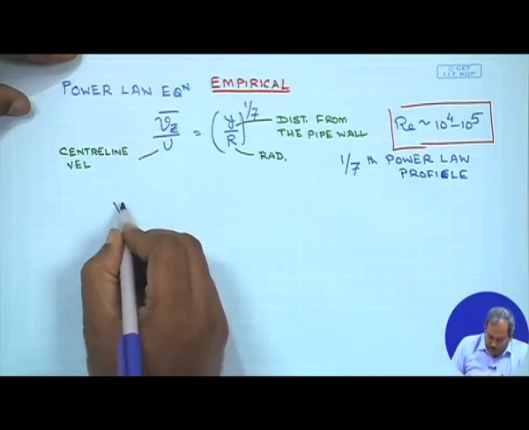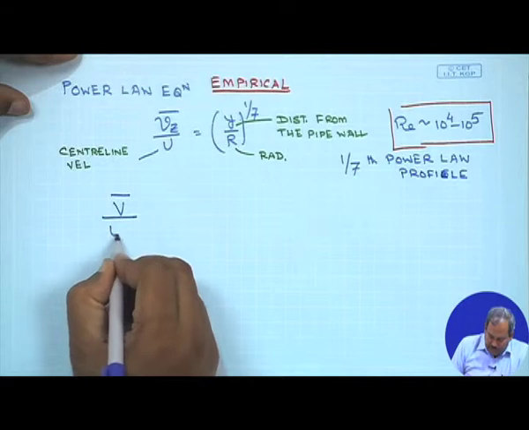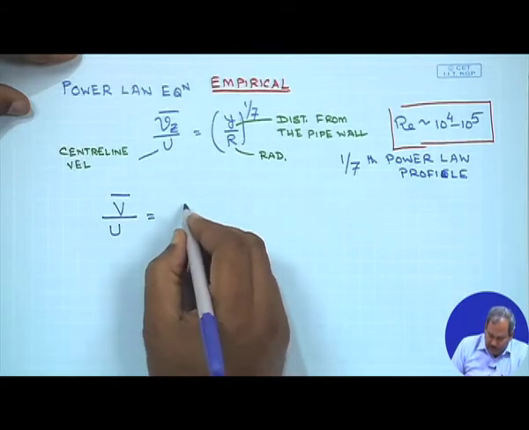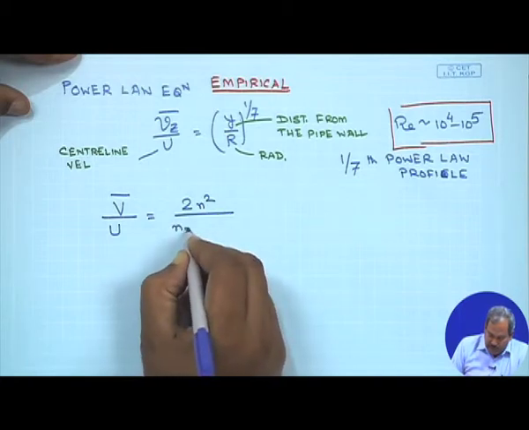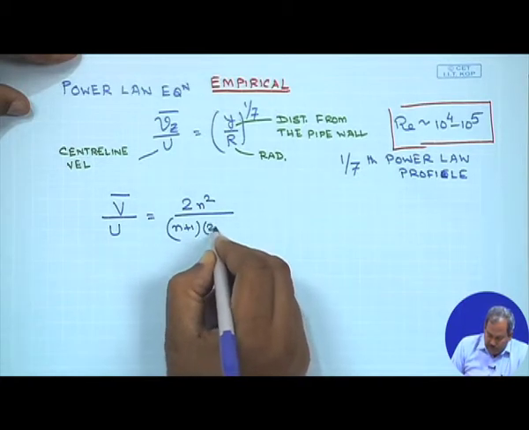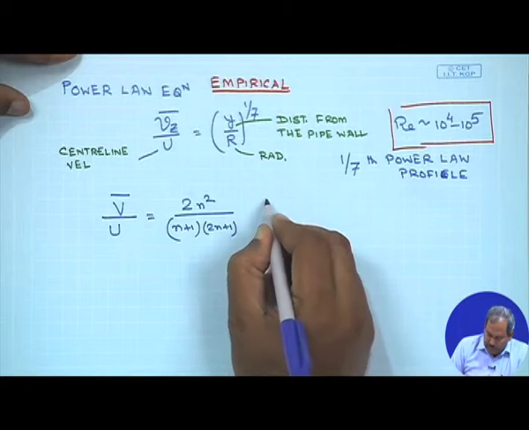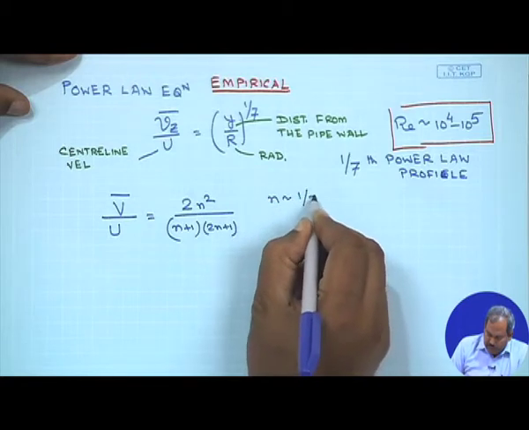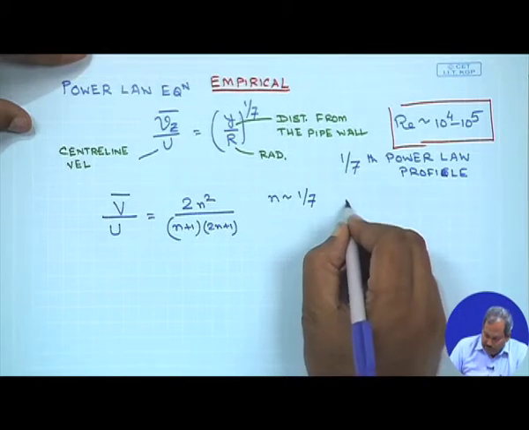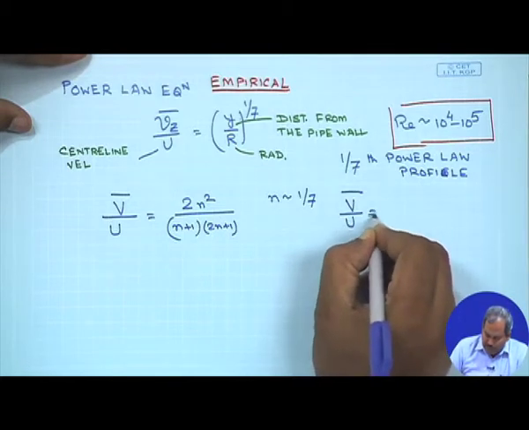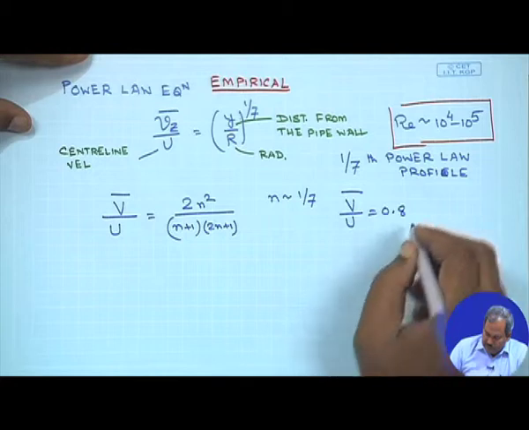And if you integrate and find the average velocity, this is 2n square by n plus 1 by 2n plus 1, where n in this case we have taken to be equal to 1/7. So, for n equals 1 by 7, V bar by u is equal to 0.8.